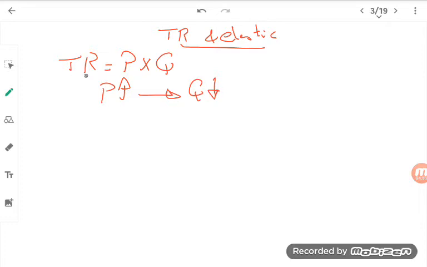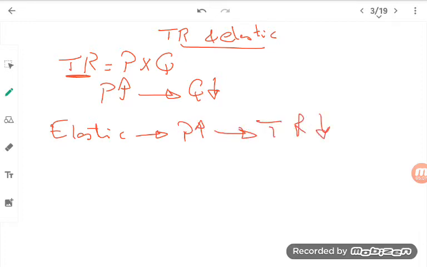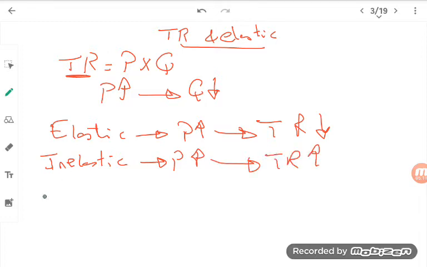So how is this going to affect the total revenue? As we said, if demand is elastic, in this case, if price increases, total revenue will decrease. If it is inelastic demand, if price increases, total revenue will increase. And if it is unit elastic, if price increases, total revenue will be constant.